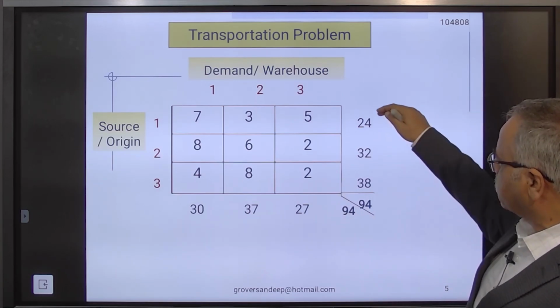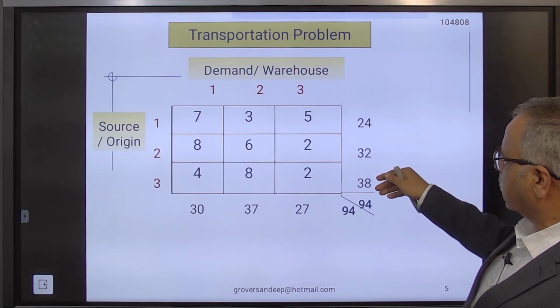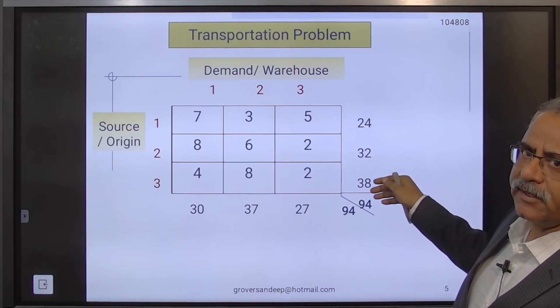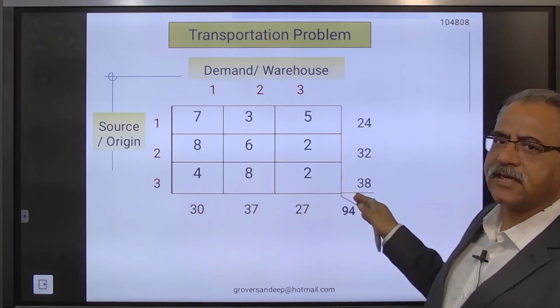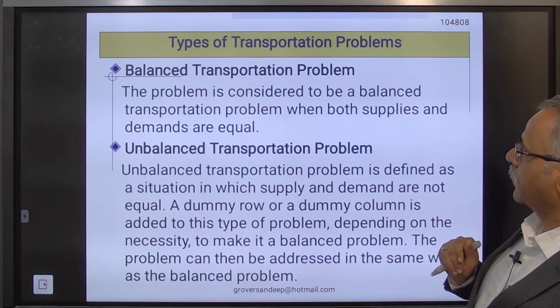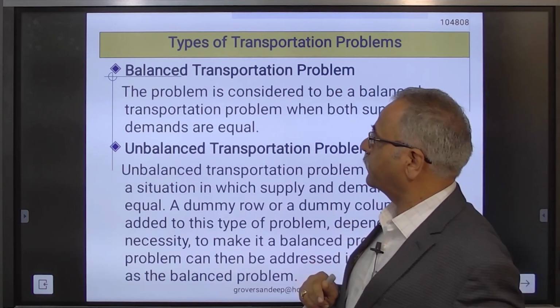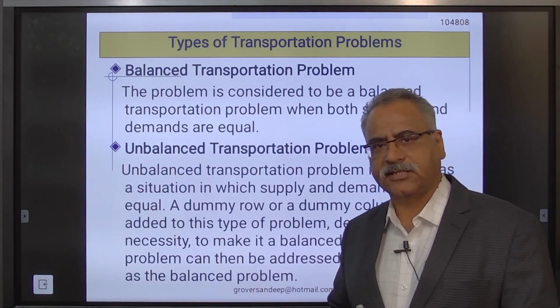Another thing, you see that the total of the capacity of the supply or the origins and the capacity of the warehouses is the same, as in this case 94, but it could be different also. We will see that. So accordingly there are two types of transportation problems. One is a balanced transportation problem and one is an unbalanced transportation problem.